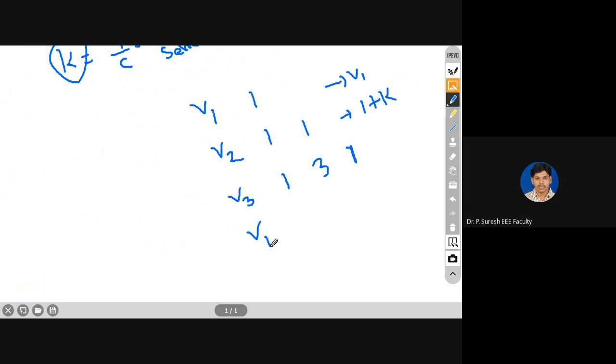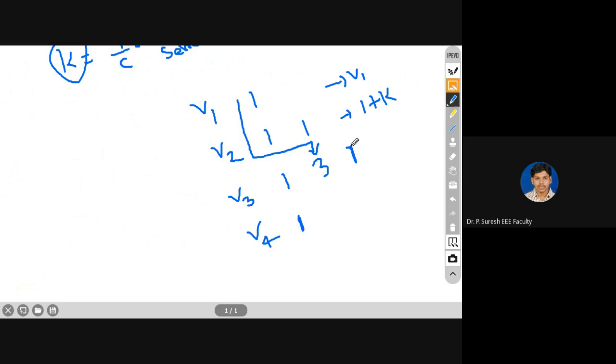So let us take V4. V4 also, the first column is 1. So simply take 1 1 1, that's it. How do we take this 3 value? Just by adding all these values, V1 and V2, first column plus second one. Adding these, we get this 3 value.